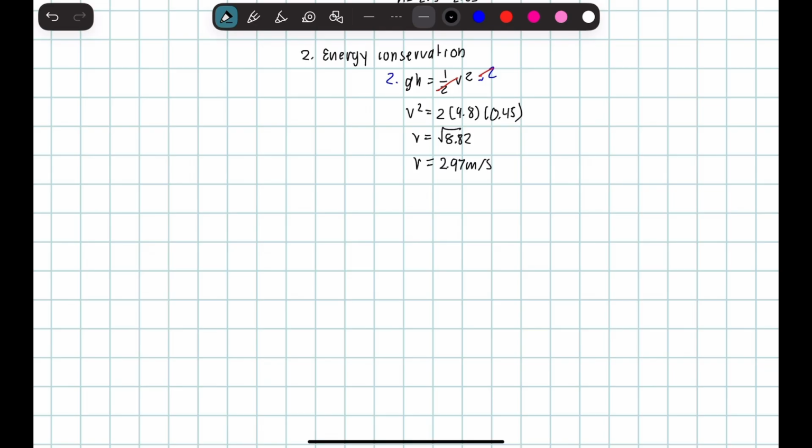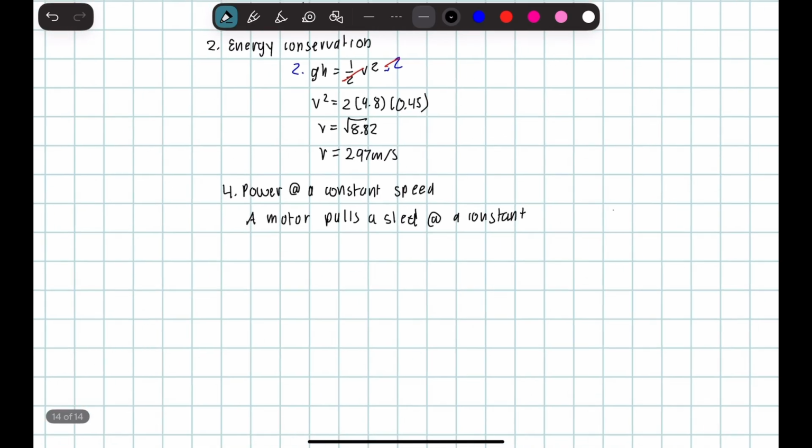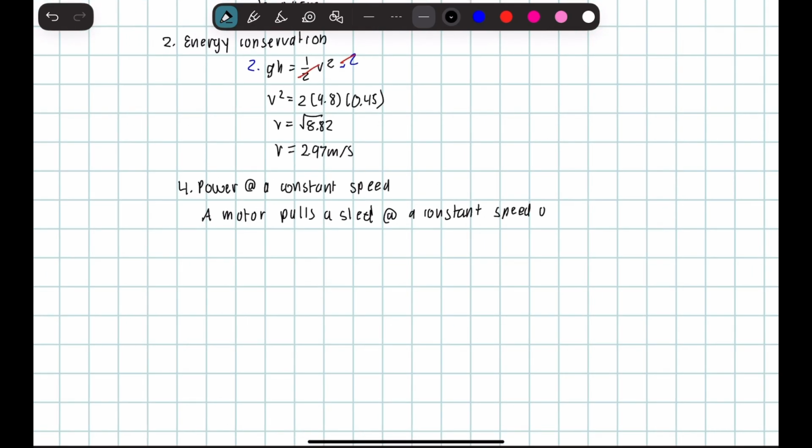Great, so now let's do a problem on power at a constant speed. Let's say we have a motor that pulls a sled at a constant speed of 6.0 meters per second using a horizontal force of 800 newtons.